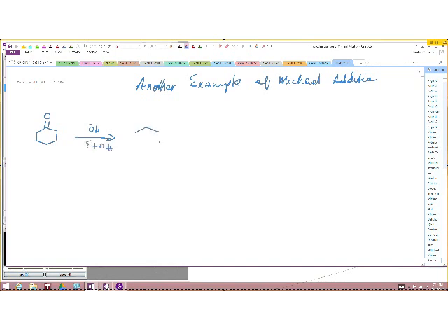Generate the enolate, plus water. And then I take that enolate, keeping in mind all you need for Michael addition is an alpha beta unsaturated molecule.